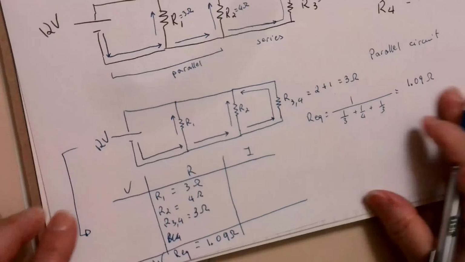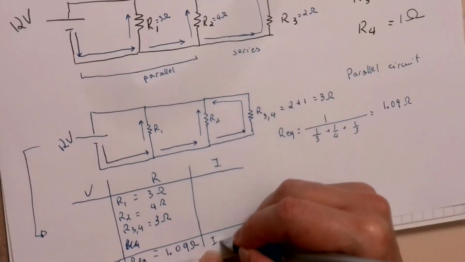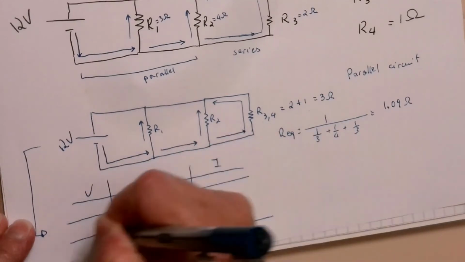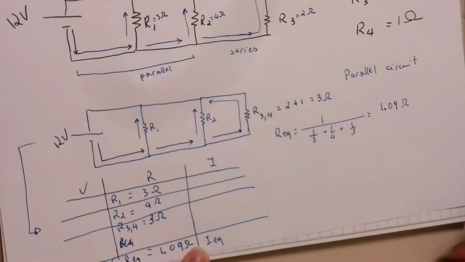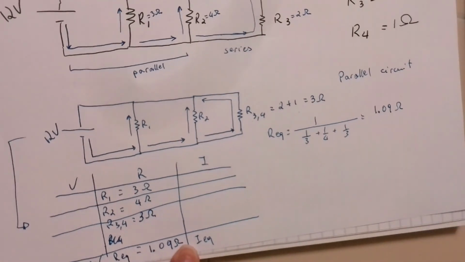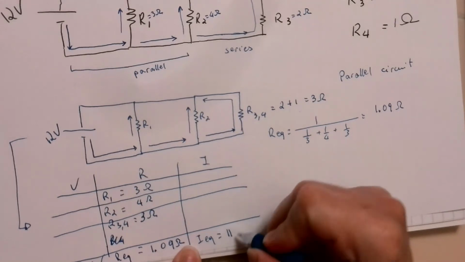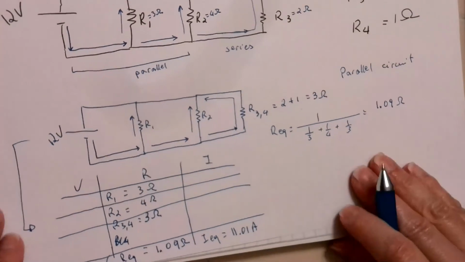So the current coming out from the battery, the I equivalent, is going to be the 12 divided by 1.09. So this is 11.01. So 11 amps is going to be the current.